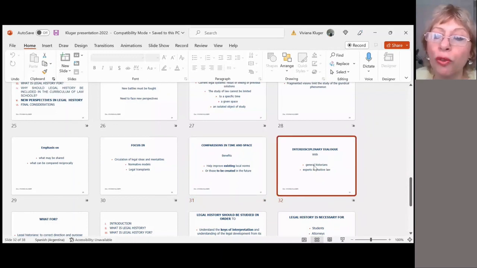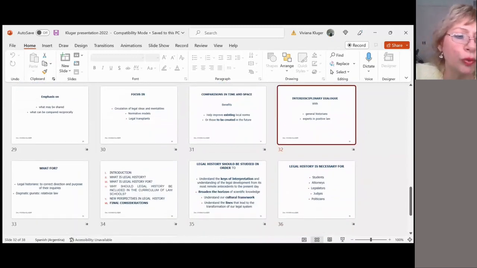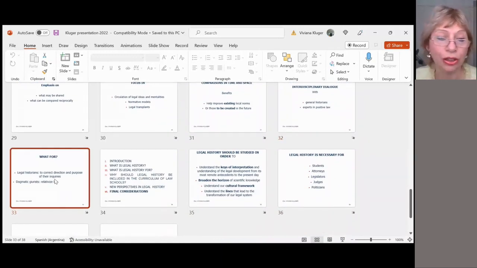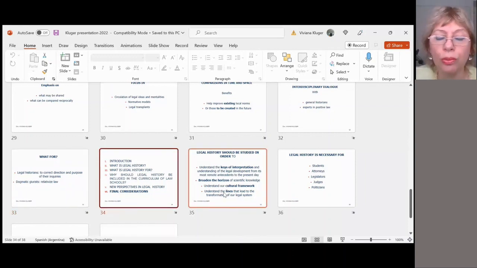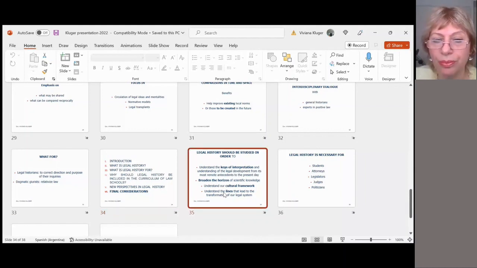We must also focus in the interdisciplinary dialogue with general historians and with experts in positive law. What for? For legal historians to correct the direction and purpose of their inquiries, and for dogmatic jurists to relativize law.